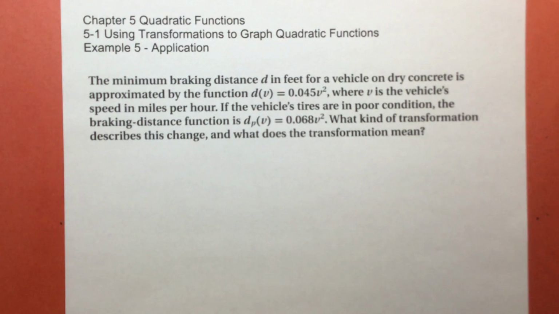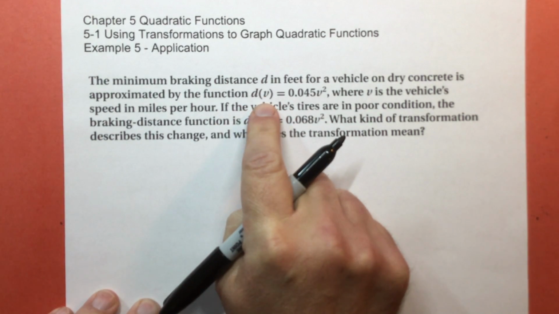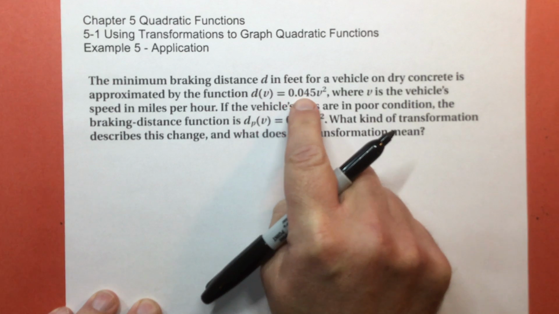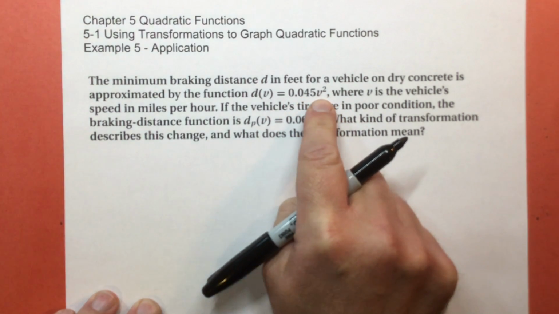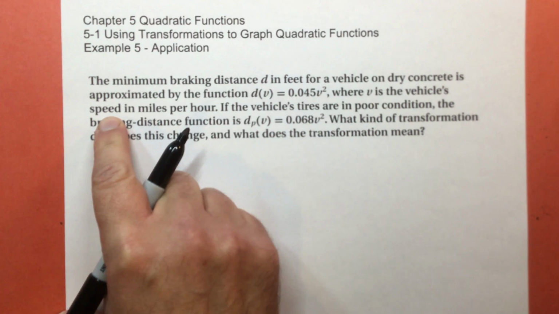The minimum braking distance measured in feet for a vehicle on dry concrete, so no wet concrete, which would change things, is approximated by distance based on velocity. See how the d and the v actually tell me what we have. 0.045 v squared, where v is the vehicle's speed, also known as velocity.